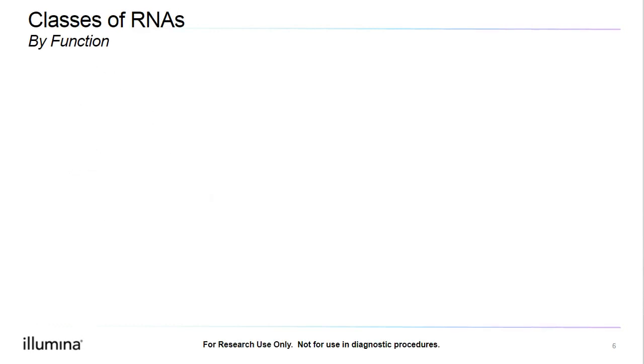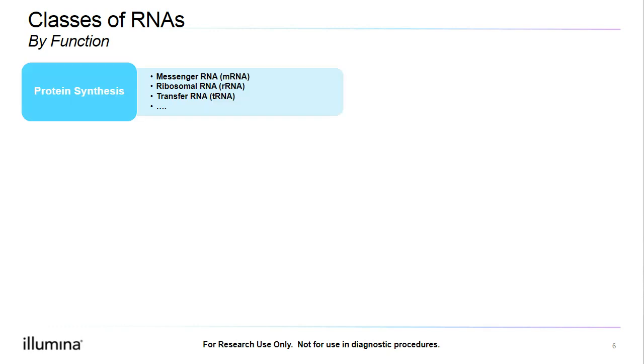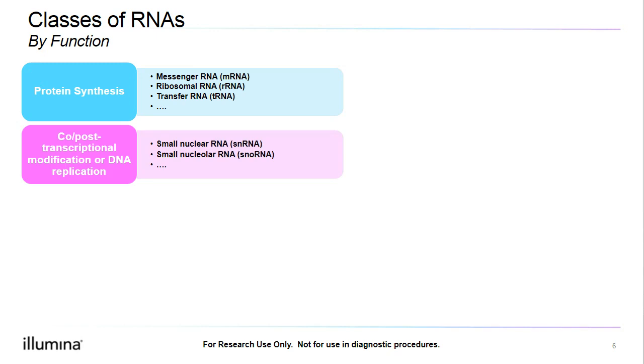We can classify these RNA species by function. The ones that we might be most familiar with are the messenger RNA, ribosomal RNA, and transfer RNA. These are the ones involved in protein synthesis. We also have RNA species that are more focused on co- or post-transcriptional modifications or on DNA replication.